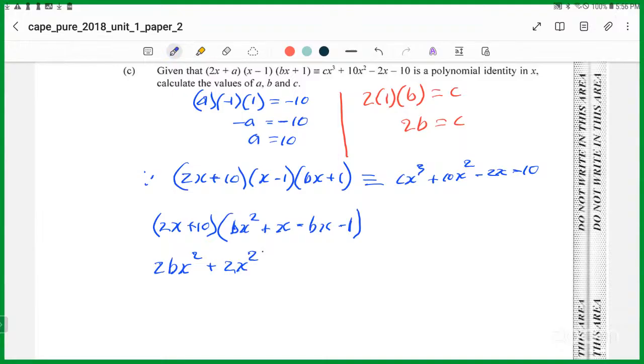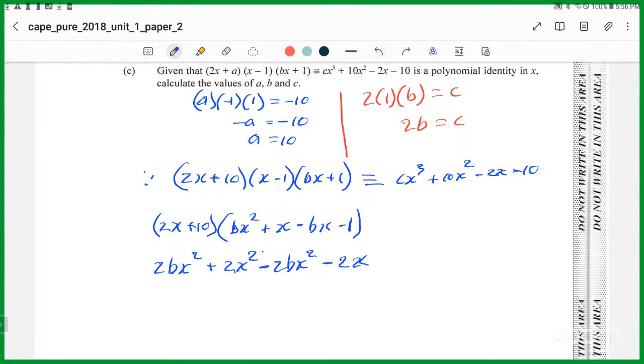Then the 2x times this is going to become minus 2bx squared. Then this times this is going to be minus 2x.